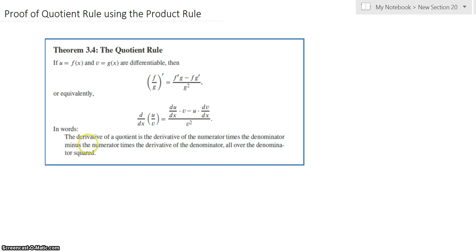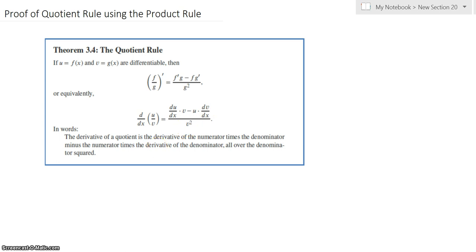So in words, the derivative of the quotient is the derivative of the numerator times the denominator minus the numerator times the derivative of the denominator, all over the denominator squared. Or you can say the derivative of the top times the bottom minus the top times the derivative of the bottom, all over the bottom squared.